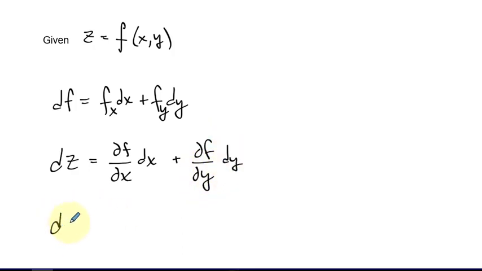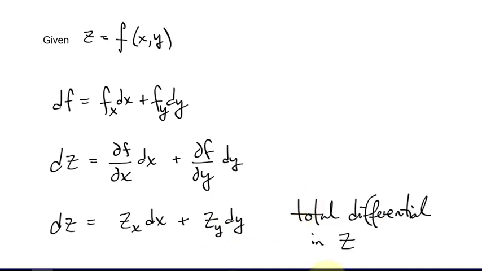And also, just for one other way that it could be written, it's the partial of z with respect to x times the differential in x, and a partial of z with respect to y times the differential in y. So this is called the total differential in z.